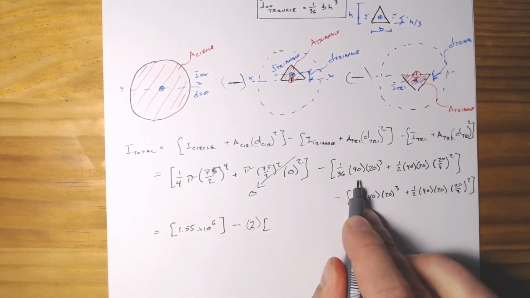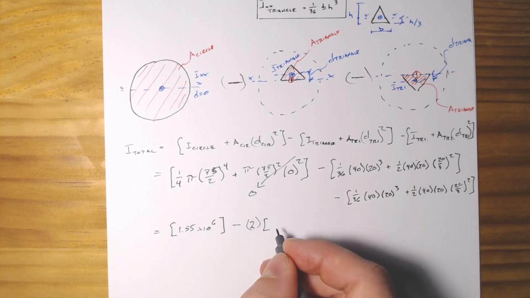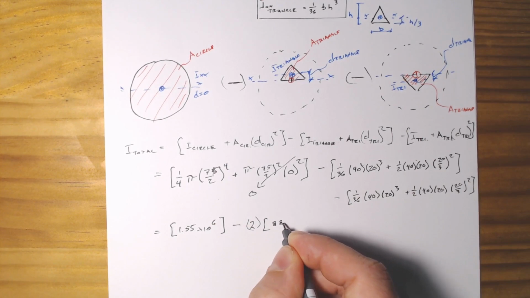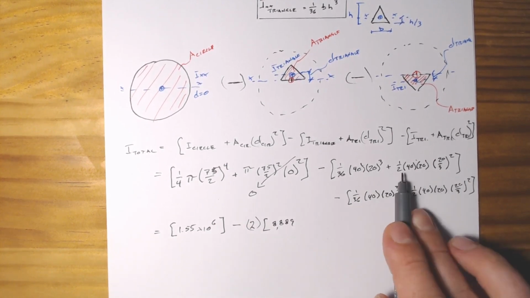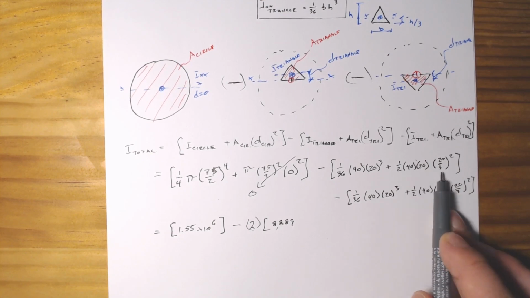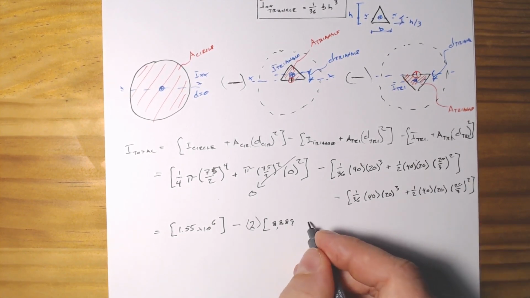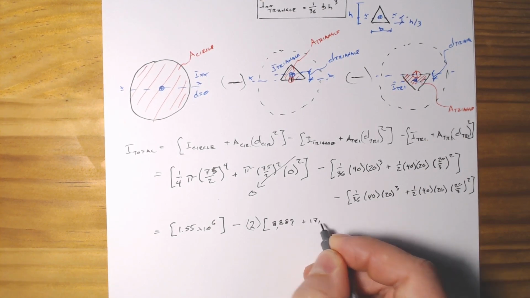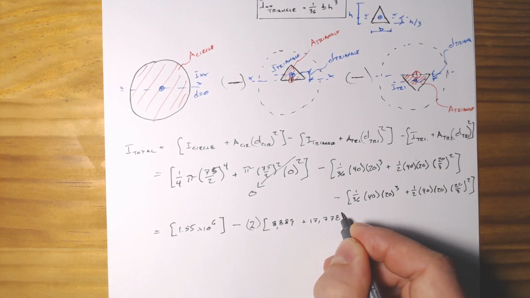The moment of inertia, 1 over 36 times 40 times 20 to the third is equivalent to 8,889 millimeters to the fourth. And the area times the distance between the two centroids squared is simply going to give us 17,778.